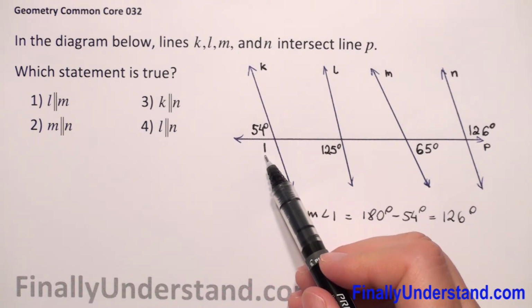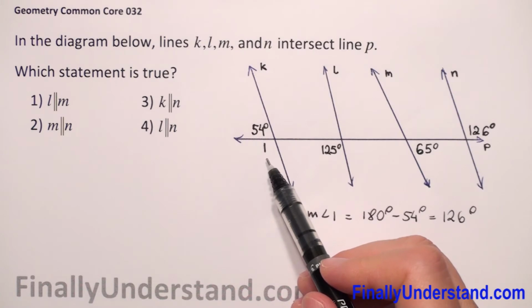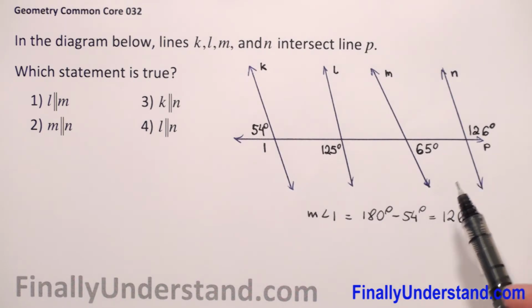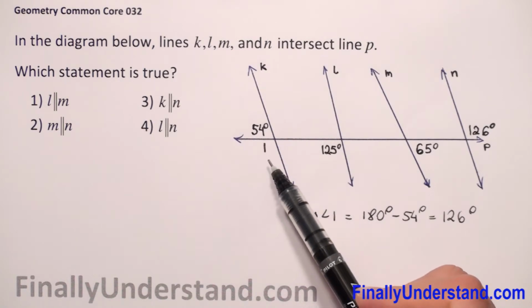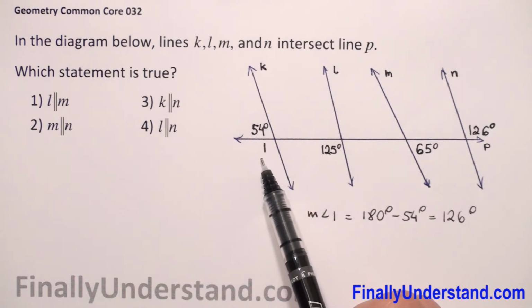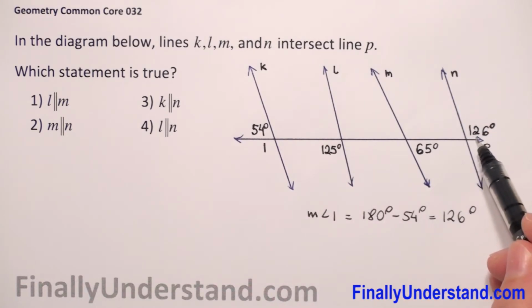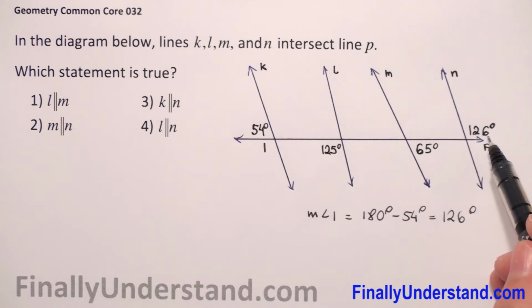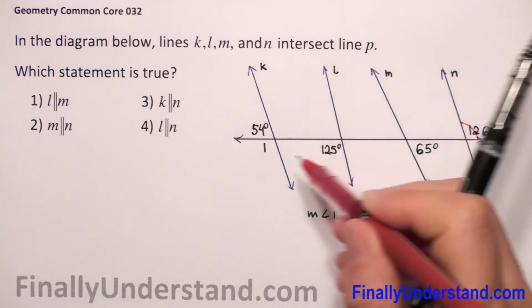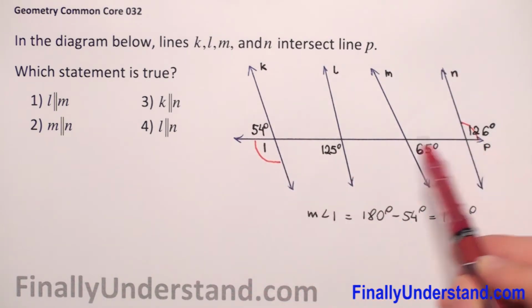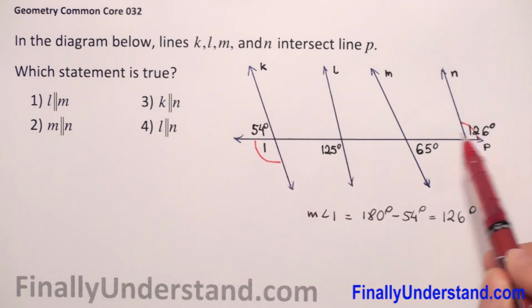And we know that if two lines are cut by a transversal, and the alternate exterior angles are congruent, then the two lines are parallel. And we see that angle 1 is 126 degrees, and the angle between line N and P is also 126 degrees. So these two angles are alternate exterior angles, and these two angles are congruent.